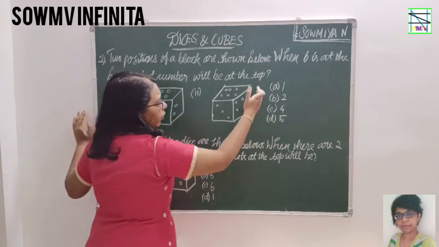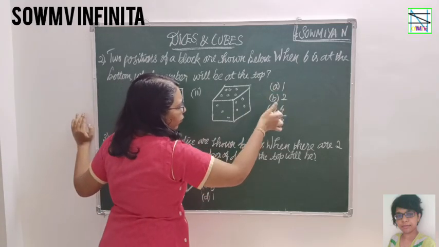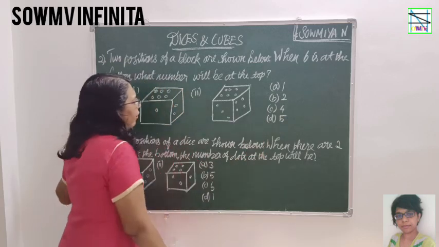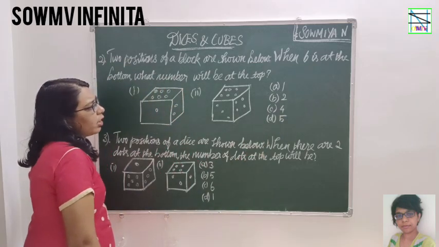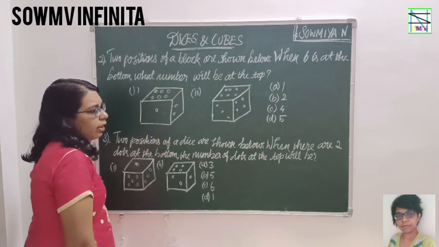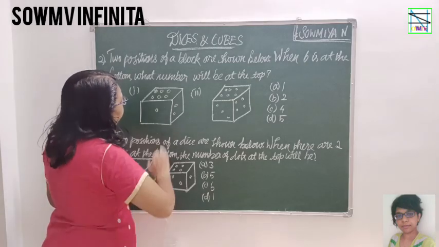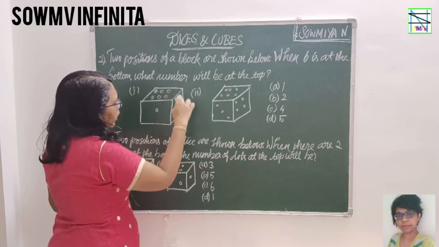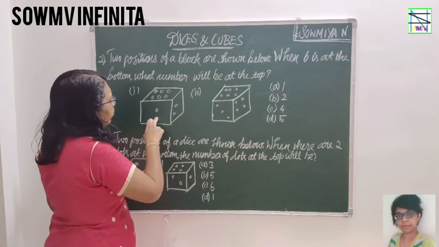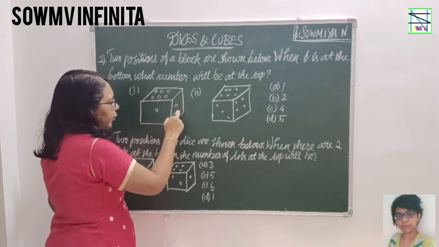Here the options are A is 1, B is 2, C is 4, and D is 5. In which condition can we apply here? Find in the dice. The first dice has 6 dots, 2 and 1 dot, which means here is a 6 and 2, 1.